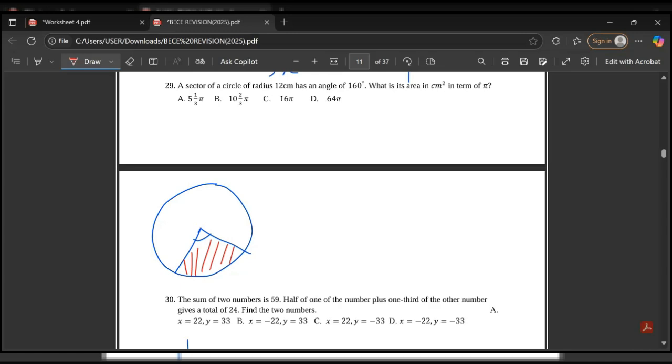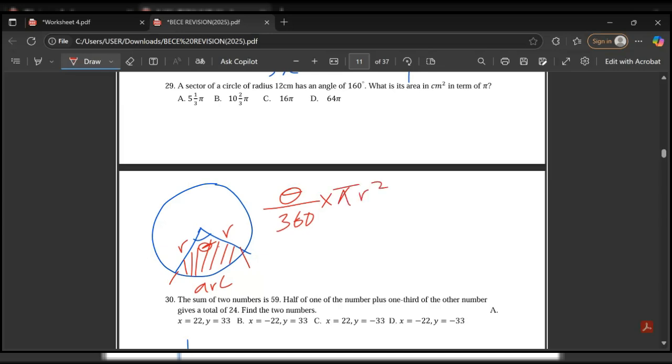From here to this place is called the arc. This is radius, this is radius. So if they ask you to find the area of a sector, which is part of a circle, it subtends an angle theta at the center, divided by the total angle in a circle, which is 360, multiplied by the area of a circle, pi r squared.